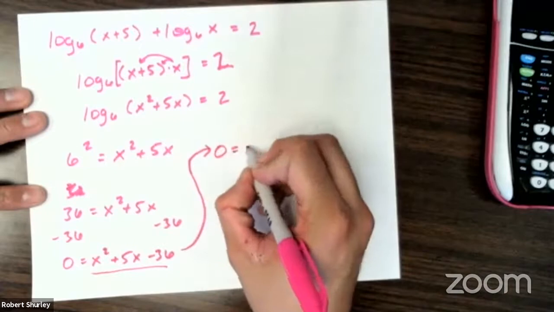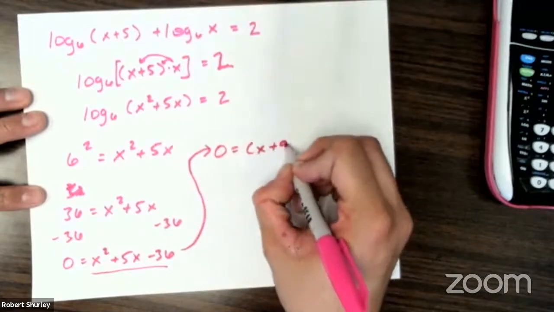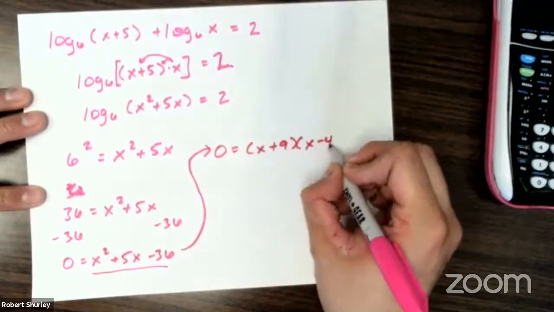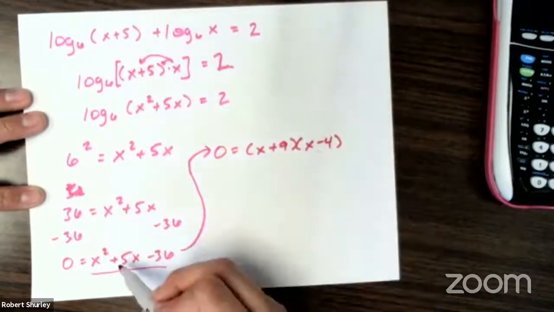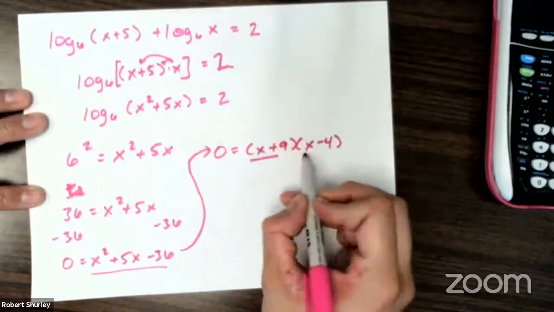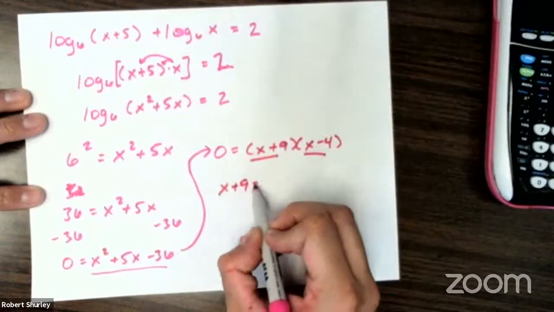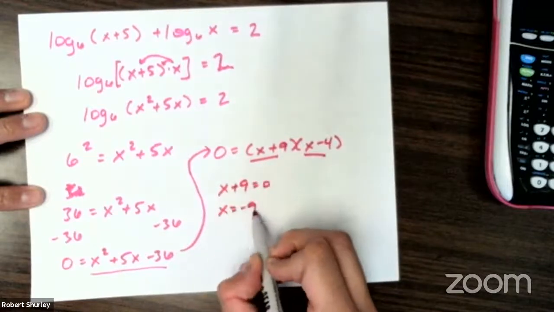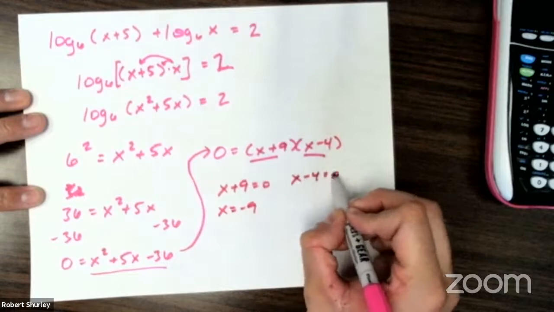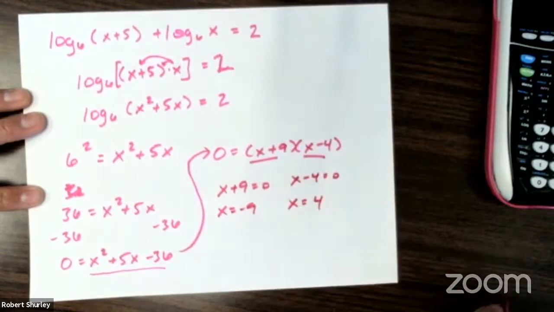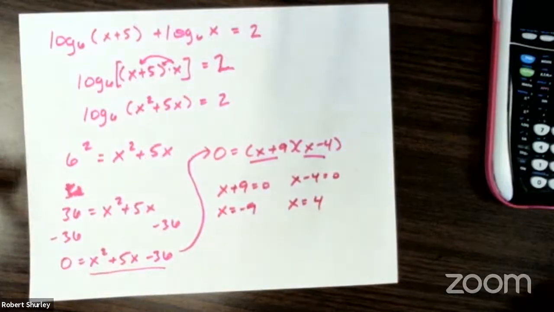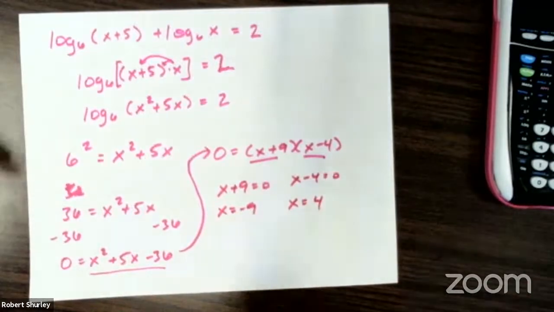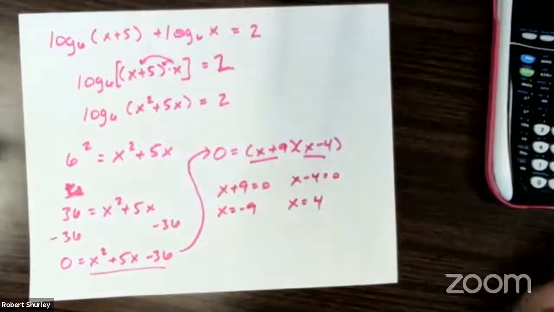So 0 equals x plus 9, x minus 4, which multiplies to give me negative 36 and adds to give me a positive 5. Set each one of those equal to 0, and I'll wind up with 2 answers, which is fine. We might have 2 answers, okay? We've got to check it. I'm not worried about that yet. I'm going to see if you have any questions, though.